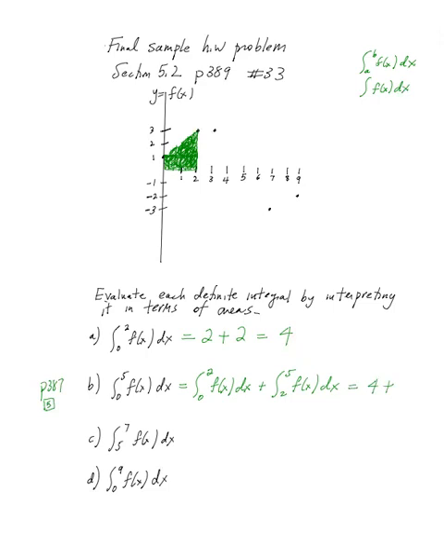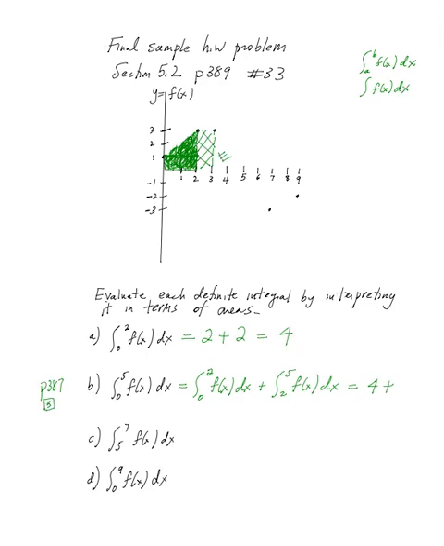So the value of the definite integral is just the area between the graph and the x-axis. And from 2 to 5, I could divide the region into what? This rectangle. And then this triangle.